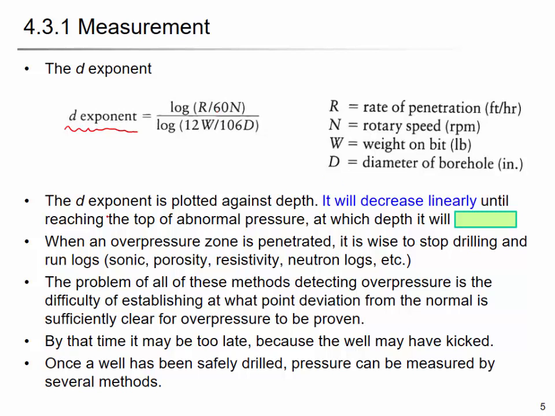But when you reach the top of the abnormal pressure zone, this D exponent will reverse, so it will be decreasing. So the rate of penetration increases at the overpressurized zone, the abnormal pressure zone.